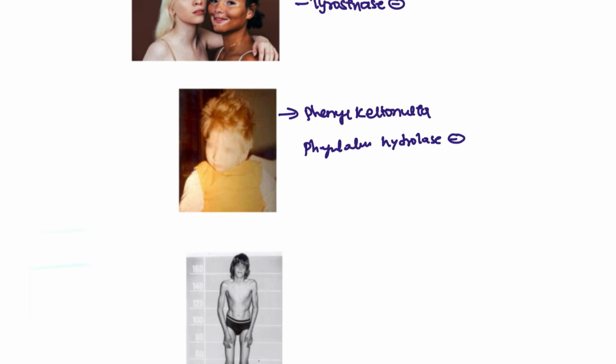And this is considered the most common inborn error of metabolism worldwide, right? The patient will be having a musty odor of urine with decreased melanin. That's why you can observe the hair color in this patient. Along with that, the patient also has severe mental retardation.